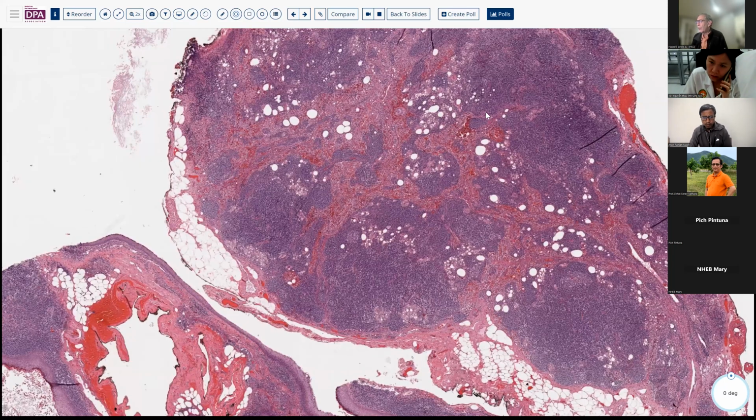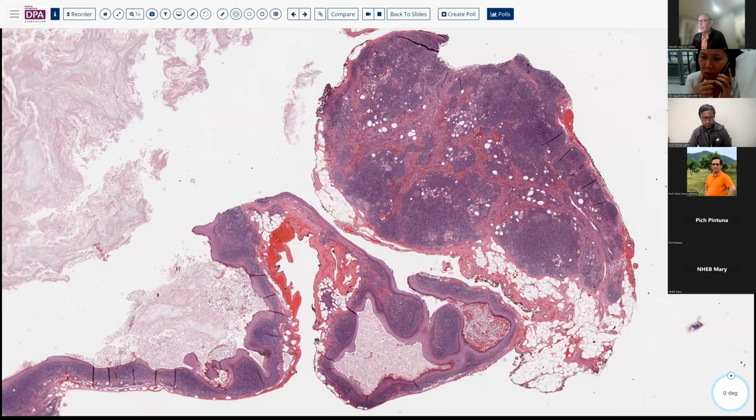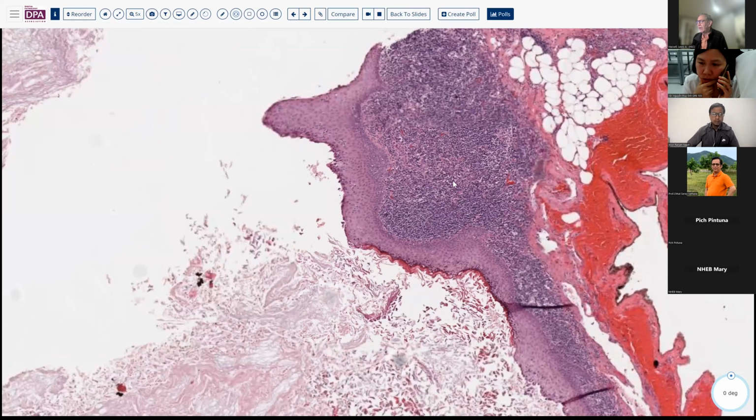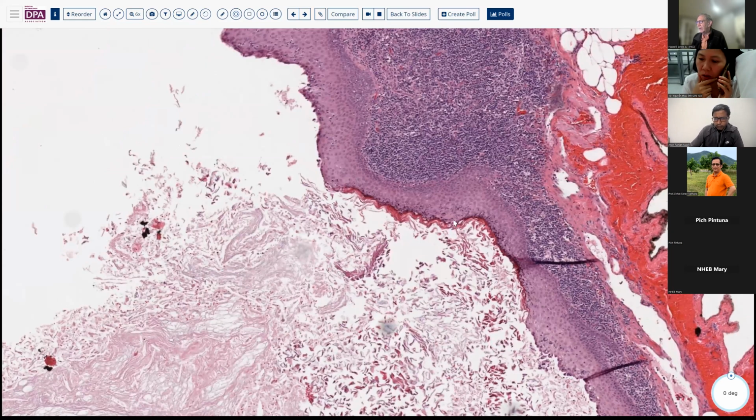Usually we see this in the porta hepatis or around the gallbladder, cholesterol related. But these lesions can also produce a lot of cholesterol and result in cholesterol clefts that would then potentially drain into lymph nodes.